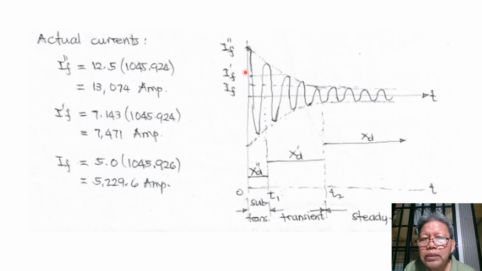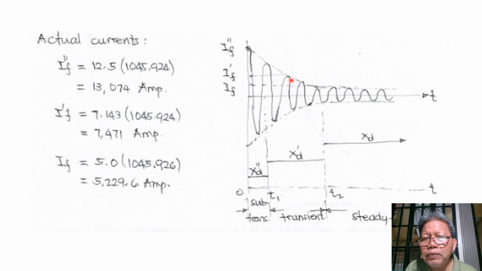At transient condition, our generator changes its reactance from XD double prime to XD prime, with XD prime greater than the value of XD double prime, and so we have the short circuit current IF prime as the transient fault current.